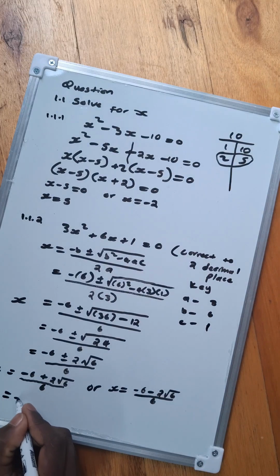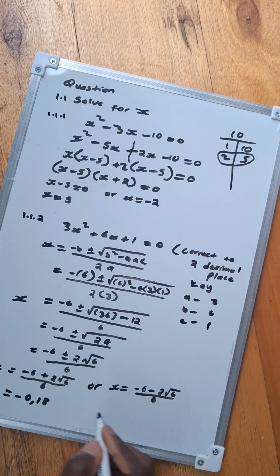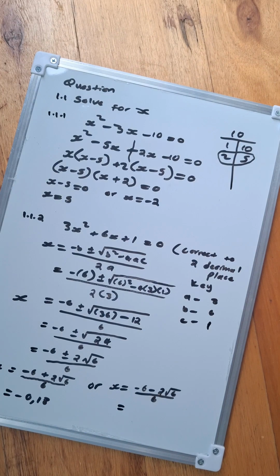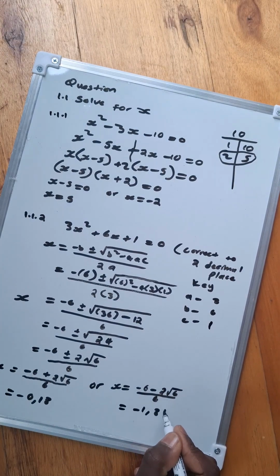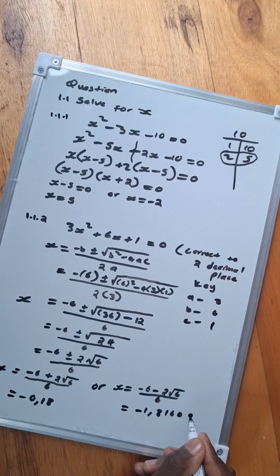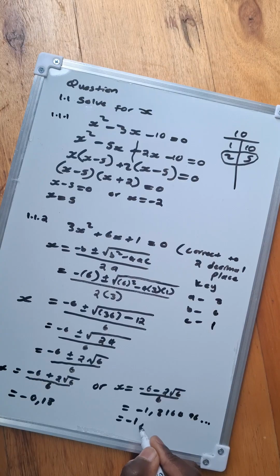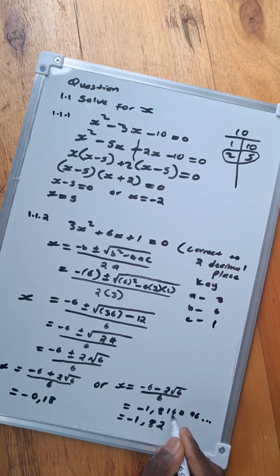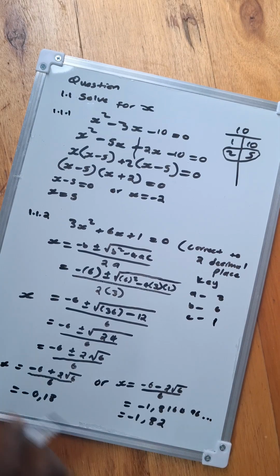So I get negative 0.18. We round it off to the nearest two. Going to the negative side, it is minus 1.816496 and so forth. When we round it off, this will be minus 1.82, since 6 is greater than 5, then this one changes to 2.